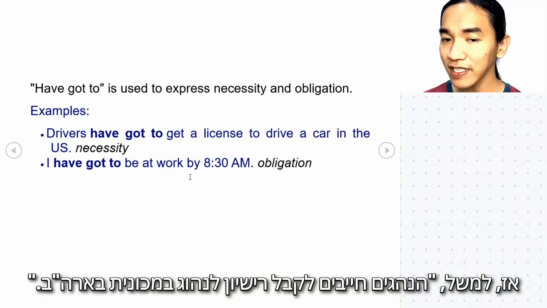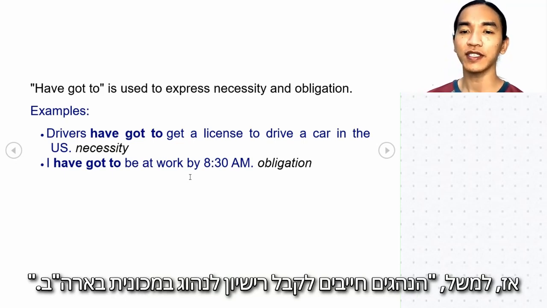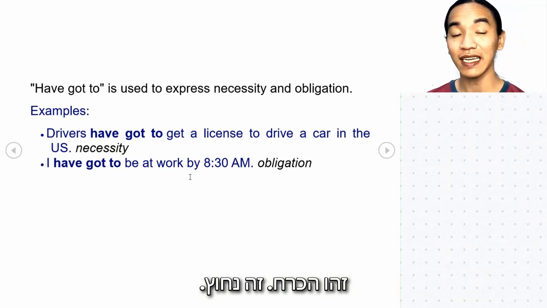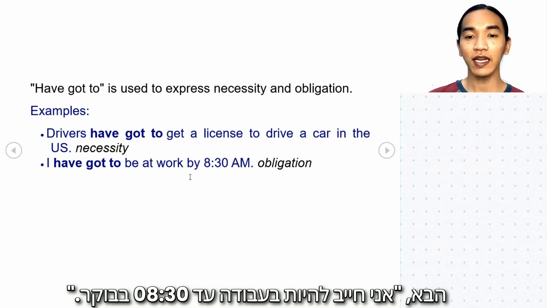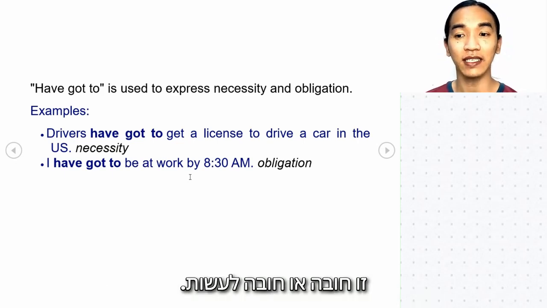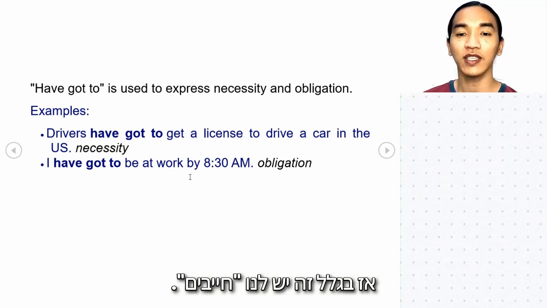For example, drivers have got to get a license to drive a car in the US. This is necessity. It is needed. Next one, I have got to be at work by 8:30 a.m. It is a duty or an obligation to do. So that's why we have got to.